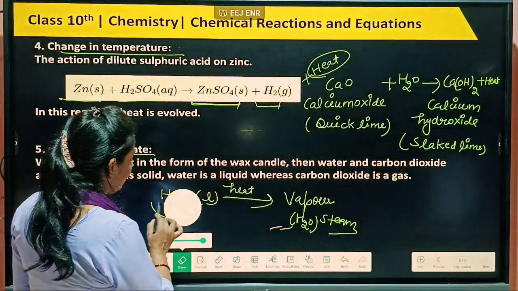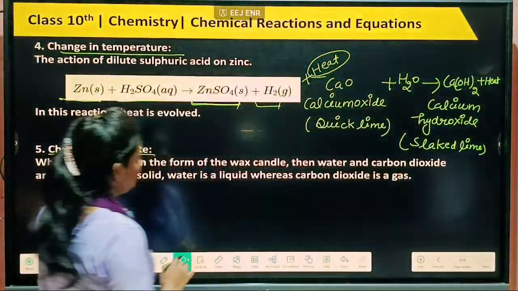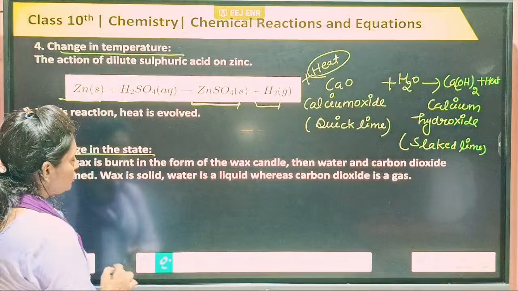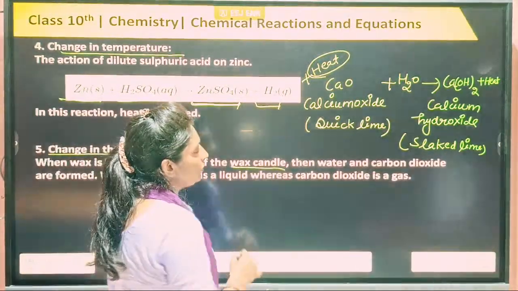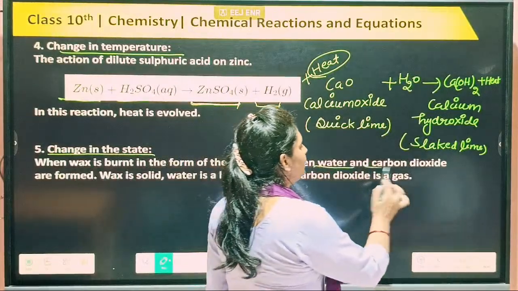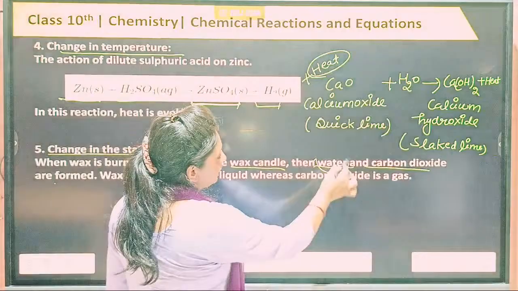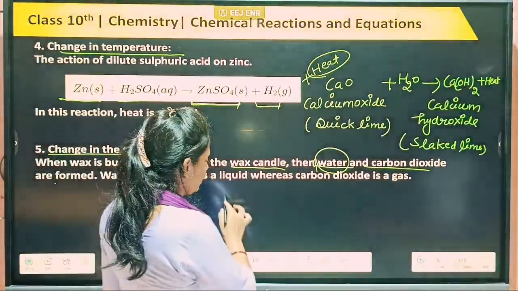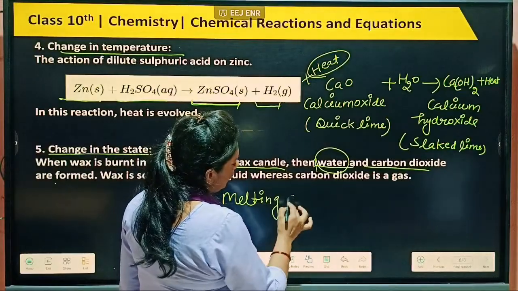So you can take one more example. If you burn the wax candle, during burning of the wax, some water and some carbon dioxide gas form, and you know very well water is produced during burning of wax.